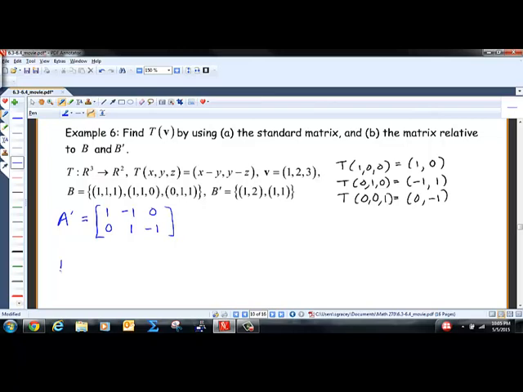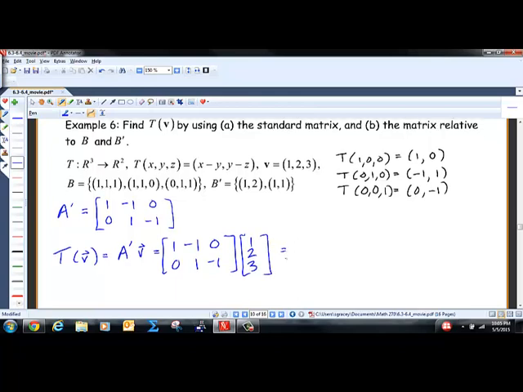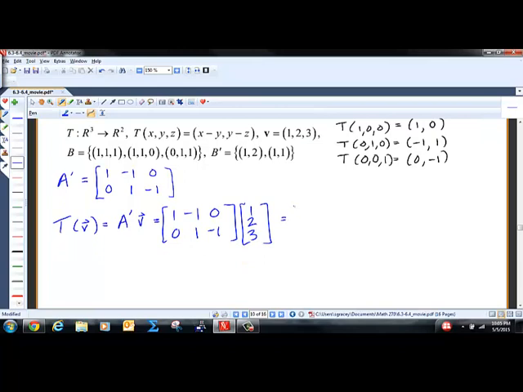T of V is going to be A prime times V, which will be [1, 0, -1; 1, 0, -1]. And then what was our V? It was 1, 2, 3. So we have a 2 by 3 matrix being multiplied by a 3 by 1, so we're going to end up with a 2 by 1.